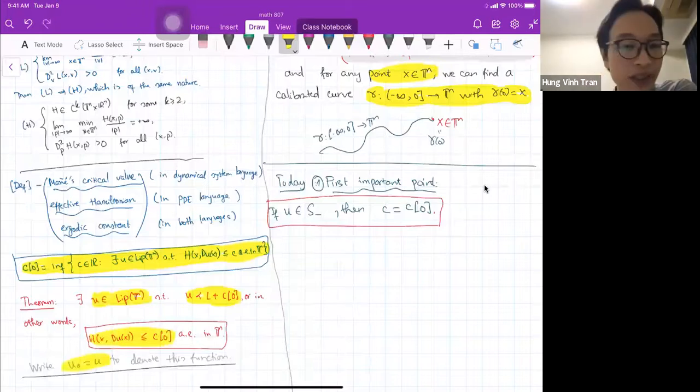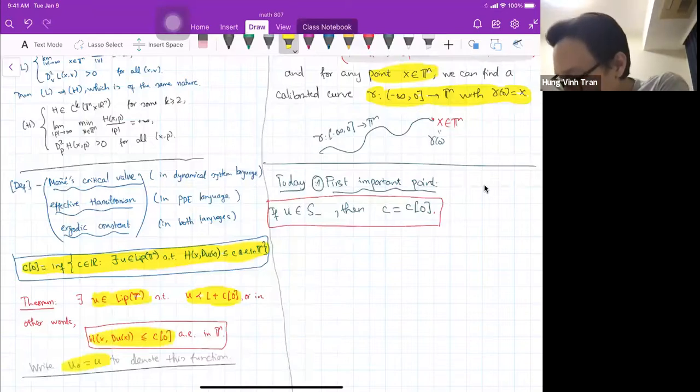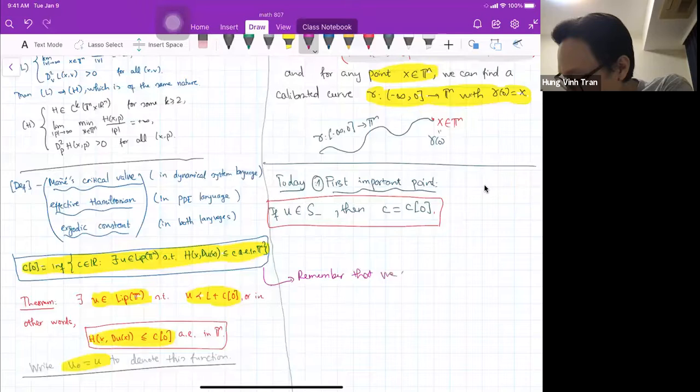So I write U naught to be U, just to have a clearer dependence on C naught. Okay, and also remember here that we have two other formulas.